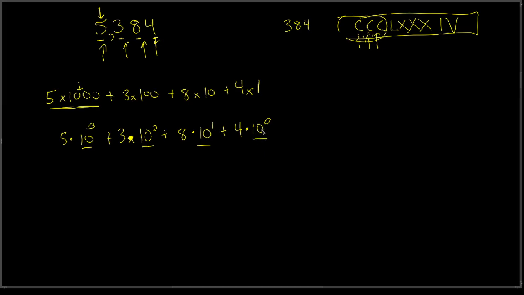And anything to the 0th power is 1. And so we say our number system is a base 10 system. This also continues to the right of the decimal point, where the place value would be 1/10, the next one 1/100, and so on.